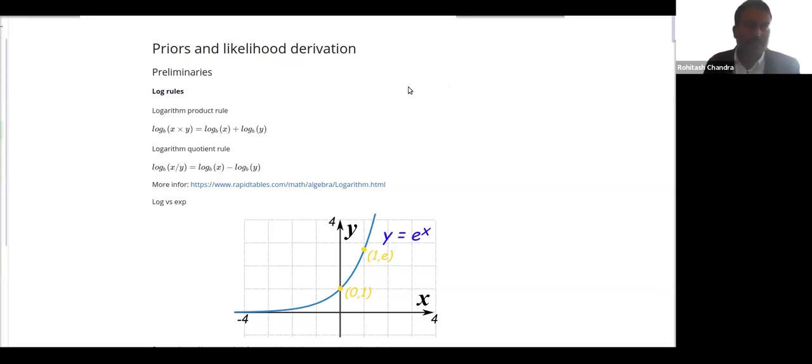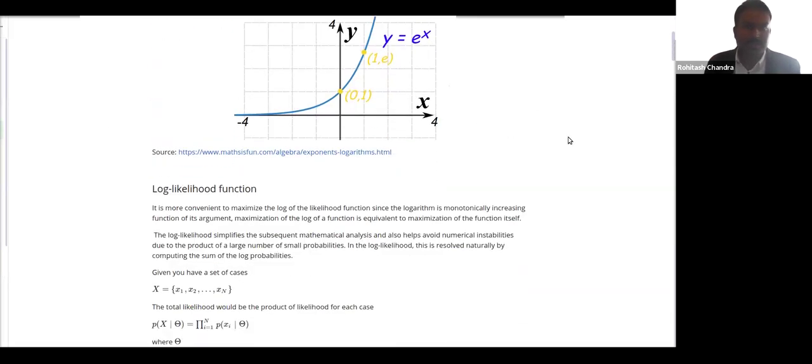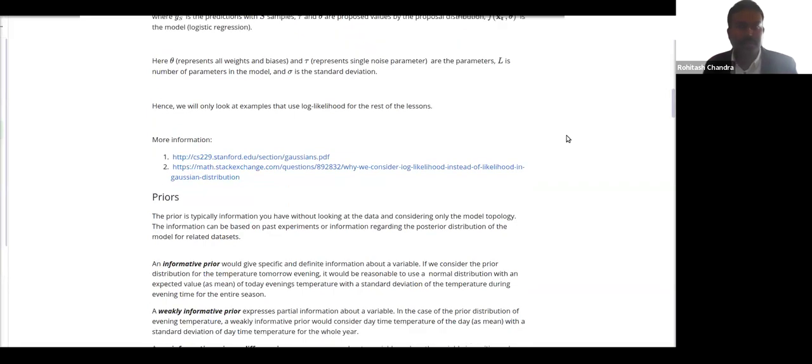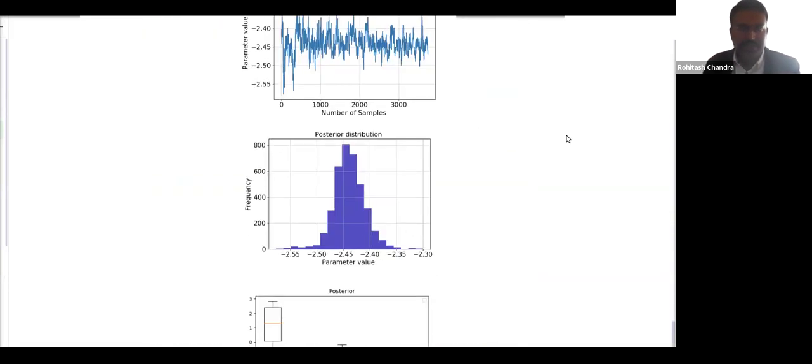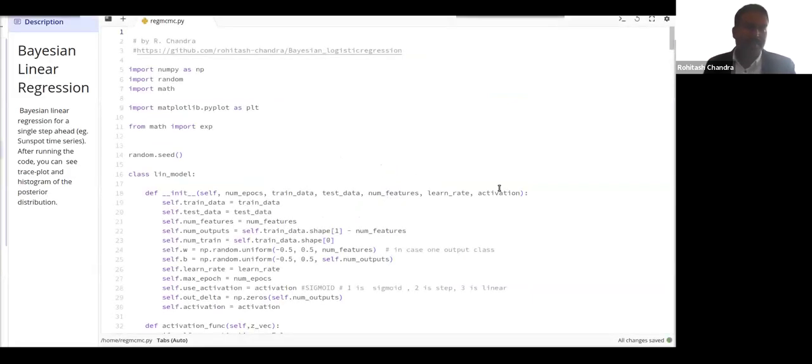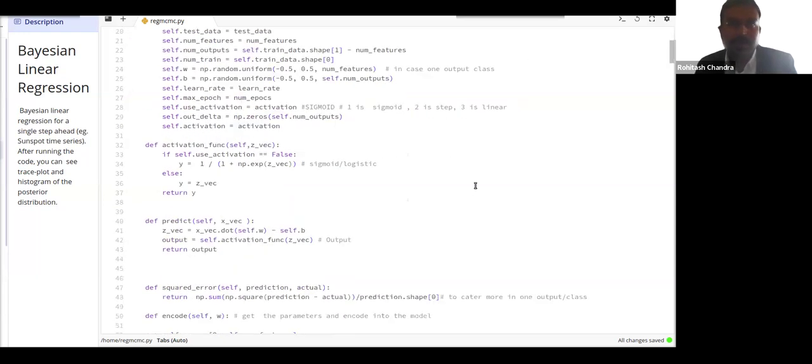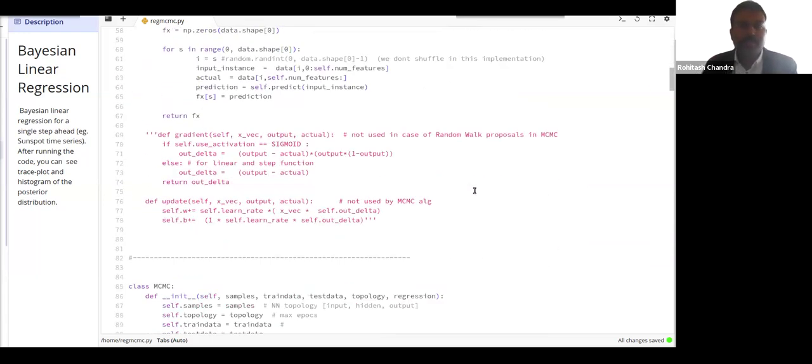So in the previous session, we discussed MCMC, log likelihood. Why should we use MCMC? What should MCMC be used for? And we went over a basic case where we went over code for linear models, a Bayesian linear model, actually more specifically a linear regression used for a prediction problem.